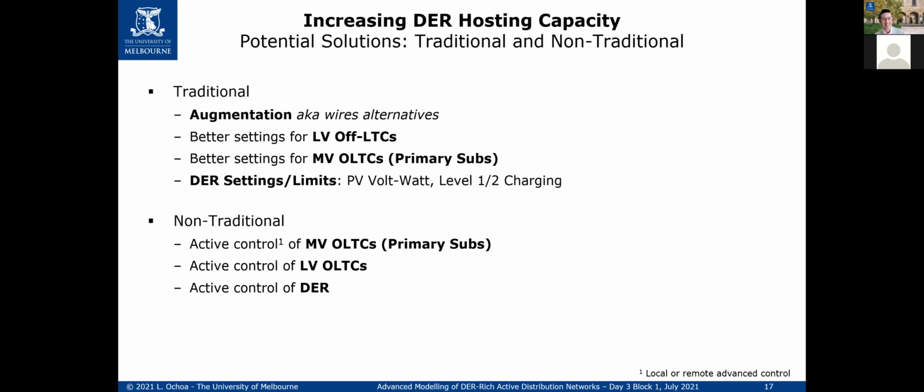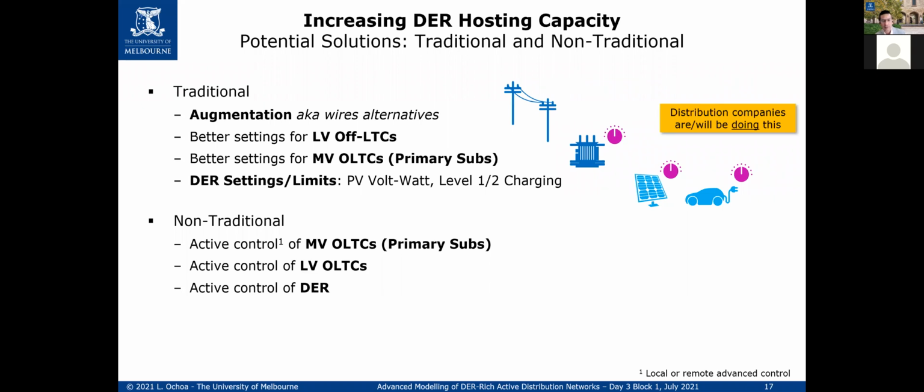So that's why I don't like wires alternatives. Anyways, it's also called reinforcement in some other parts of the world, all right? And that's pretty obvious, all right? It is time consuming, it's expensive, of course, but any other thing that you can come up with is going to be expensive anyways.